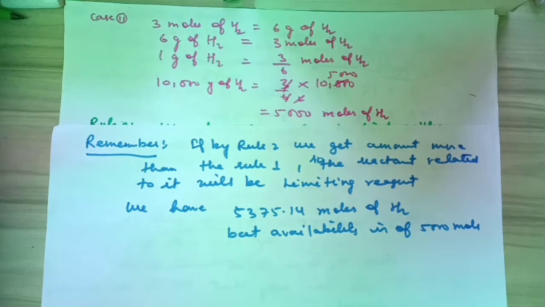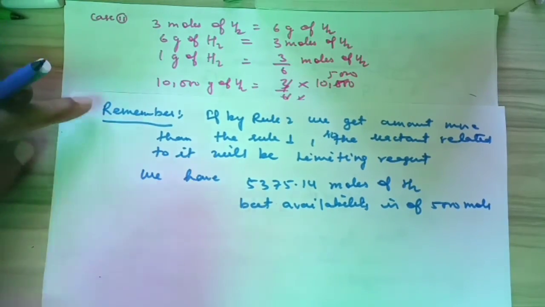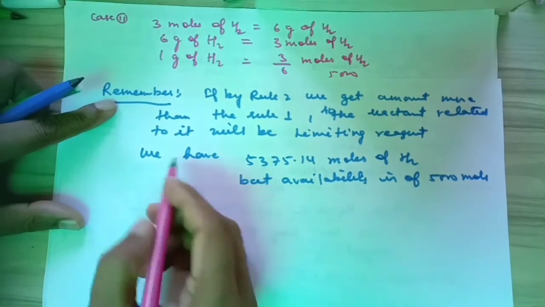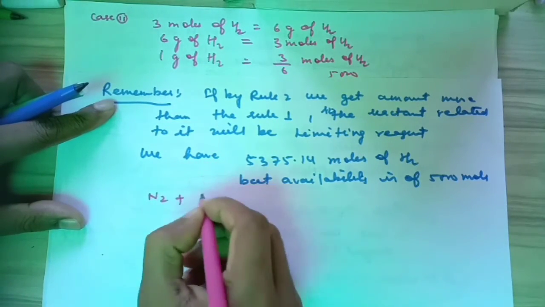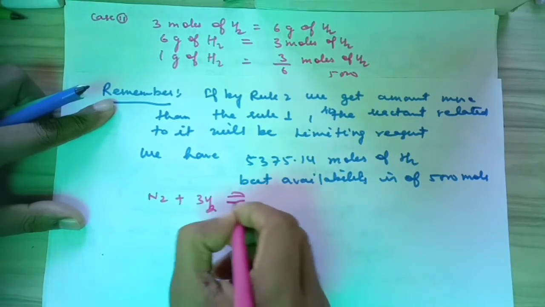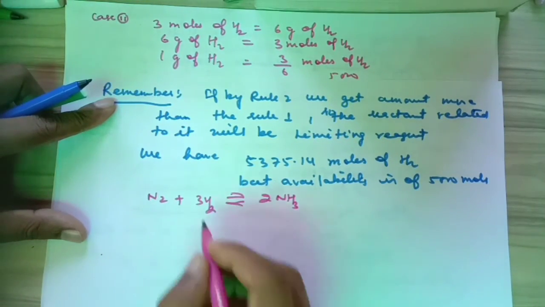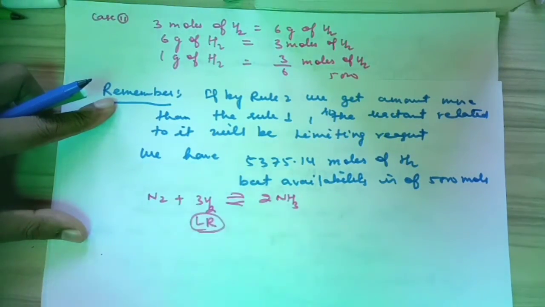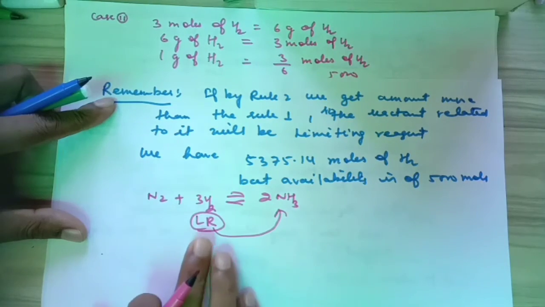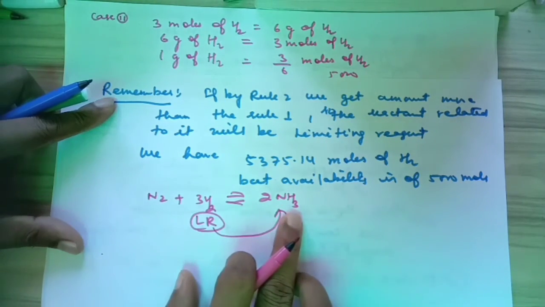Now let's find out the amount of ammonia formed. So we'll use the same equation, N2 plus 3H2 gives 2NH3. Hydrogen is the limiting reagent, so it is now directly related to ammonia. This limiting reagent will decide the amount of product formed.